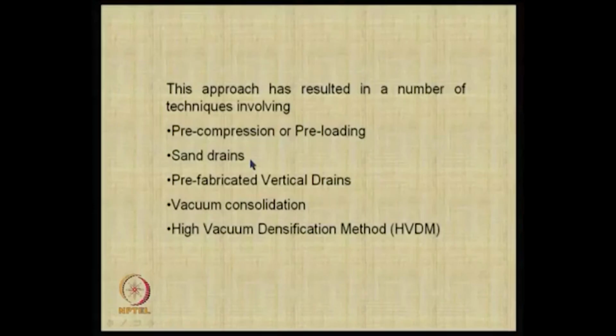You will see there is a big difference in the consolidation process itself, it could be 3 or 4 times. Vertical consolidation alone is one thing, but if you have radial consolidation together, then it is an excellent combination. So, you have sand drains.